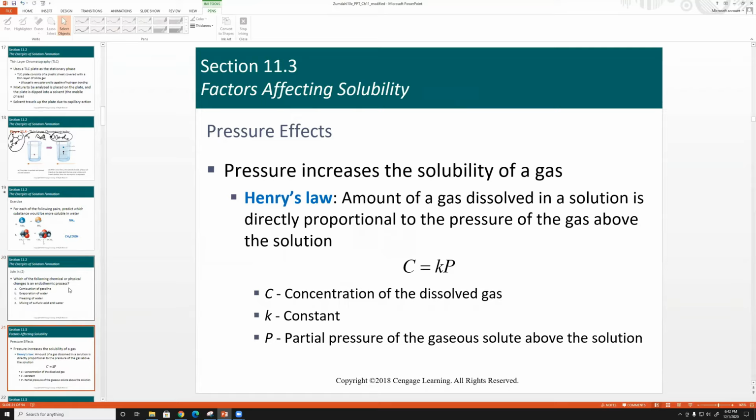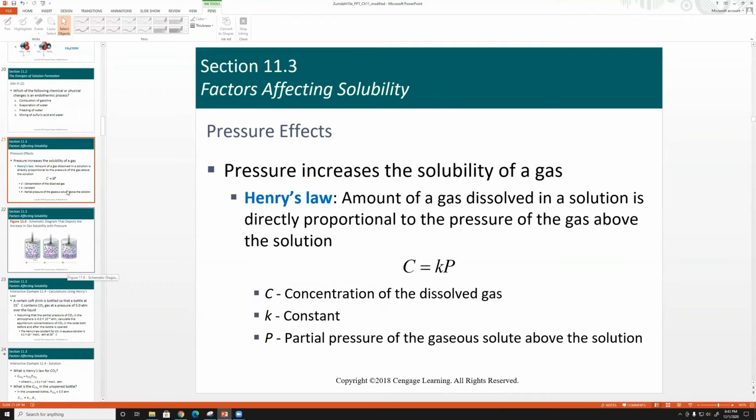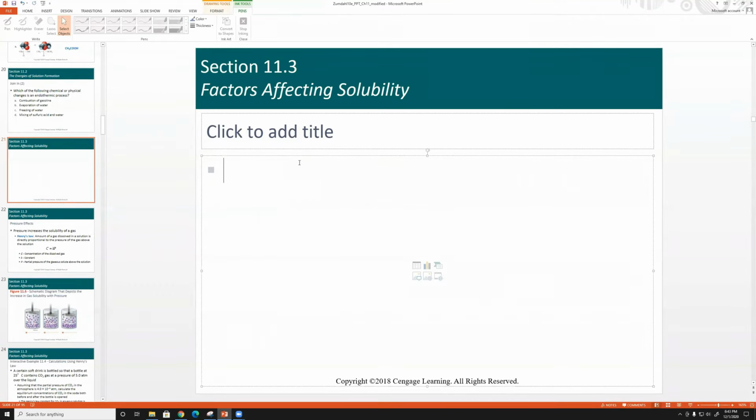All right, the next thing we're going to talk about is Henry's Law. This talks about how pressure affects solubility. I don't like the way this chapter is ordered, so let's talk about solubility first.